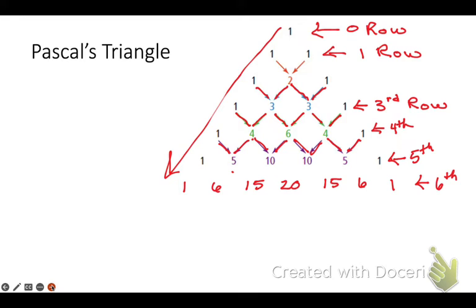The second number on each side is just increasing by 1, because we're adding 1 to the previous row, right? So the third row, the second number is 3. The fourth row, 4. The fifth row, 5. The sixth row, 6. What's the seventh row going to be? 7. Anything else?